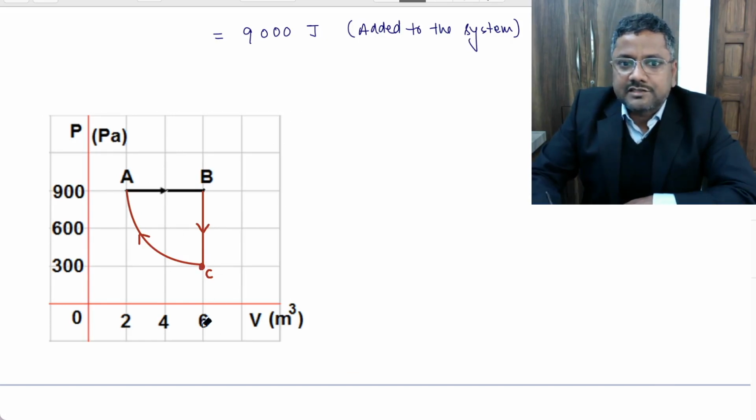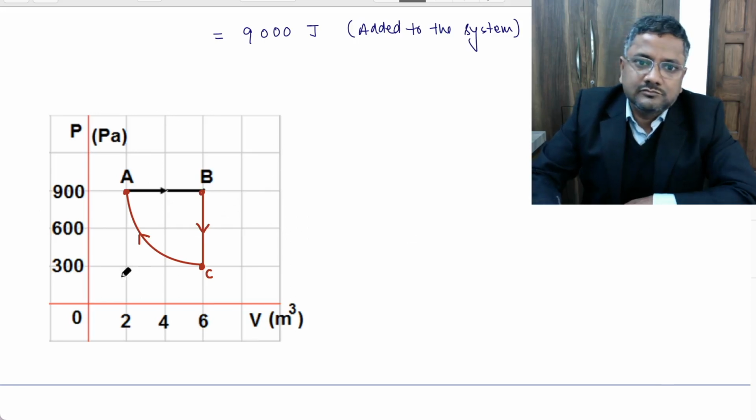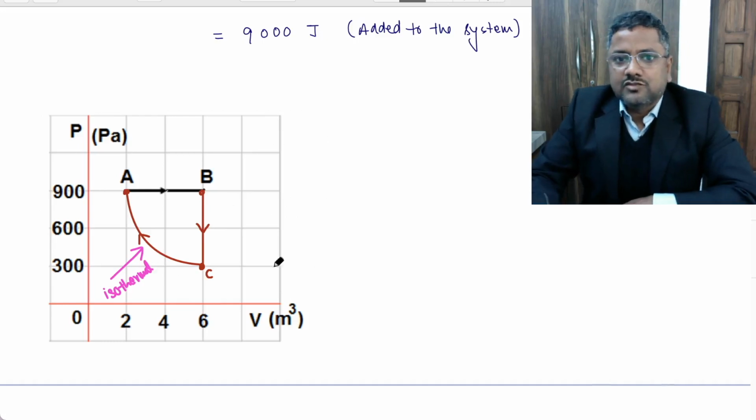This is point C, this is point B, and this is point A, and this is the isothermal. So this is the complete answer.